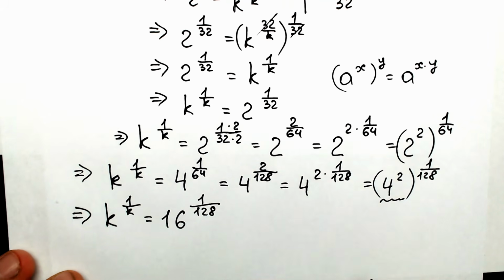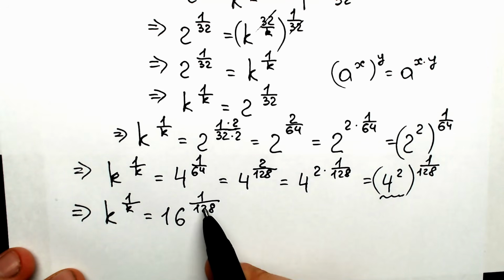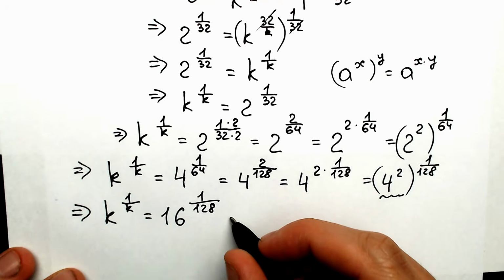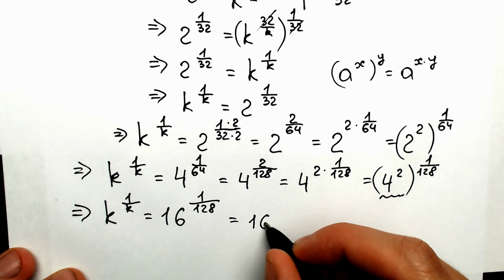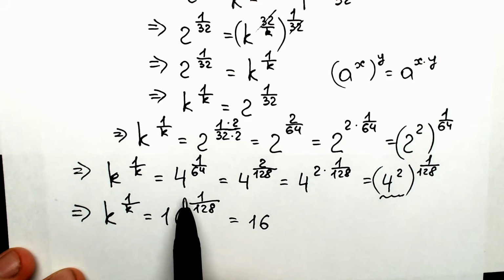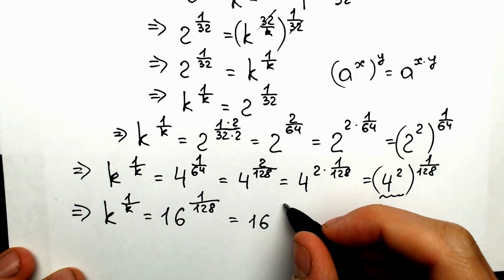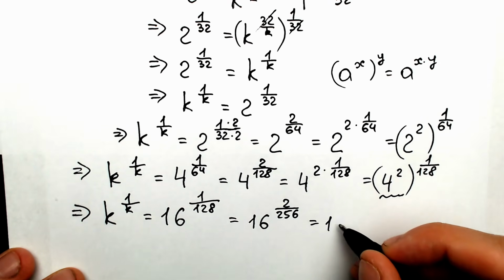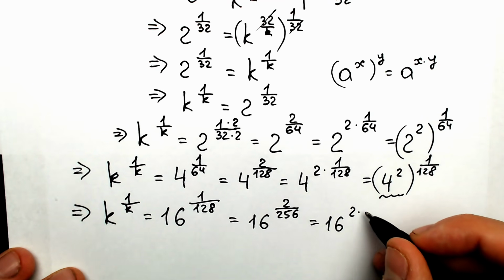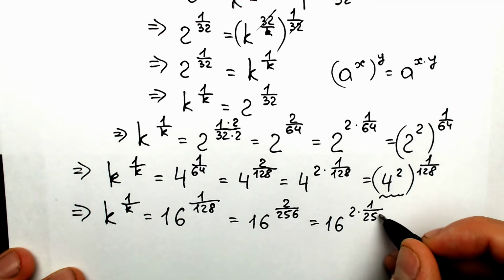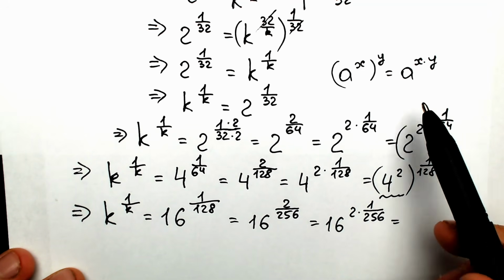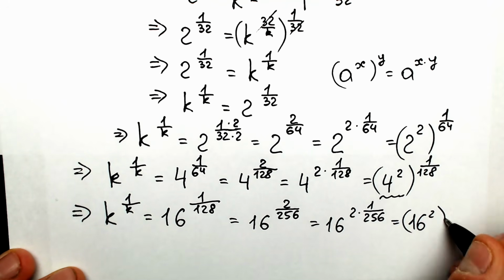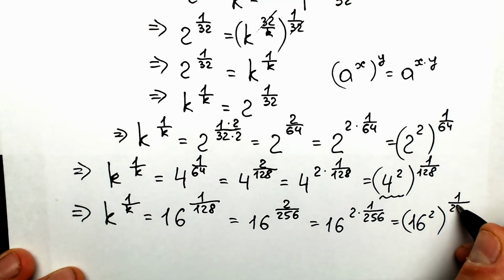Okay, so I hope you understand this step, and right now we can see that these two constants are not the same. So right now let's do the step once more. So we have 16 to the power, when we multiply it by 2, we have 2 over 256, so 2 over 256 equals 16 to the power 2 times 1 over 256, so we split it, and right now we use the same property, so we write this as 16 squared to the power 1 over 256.